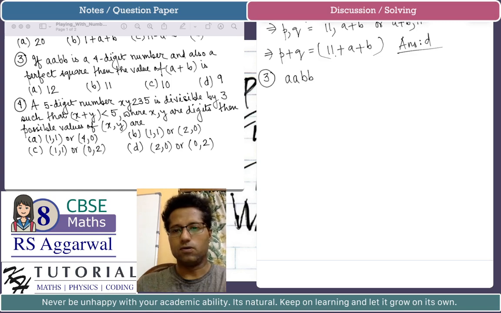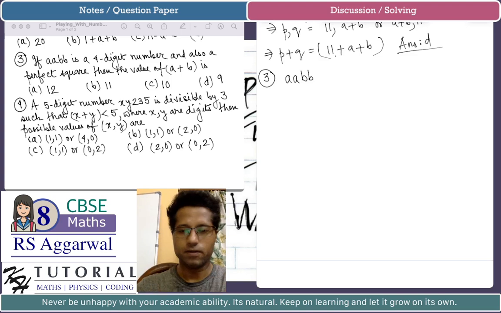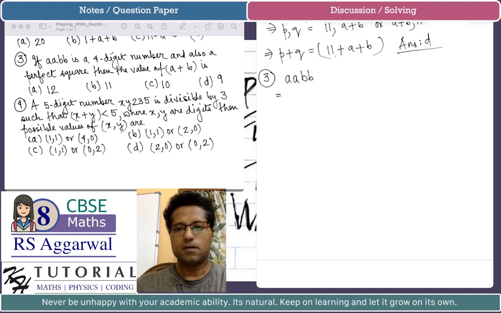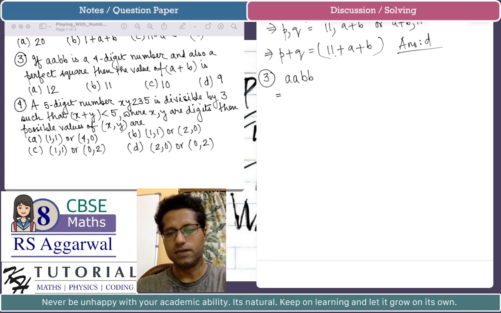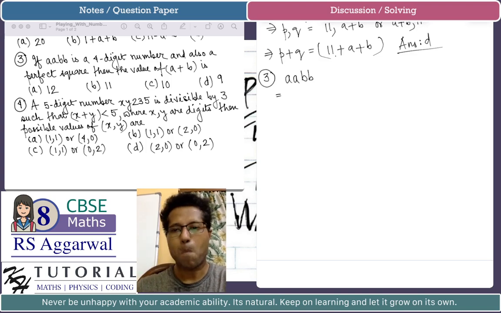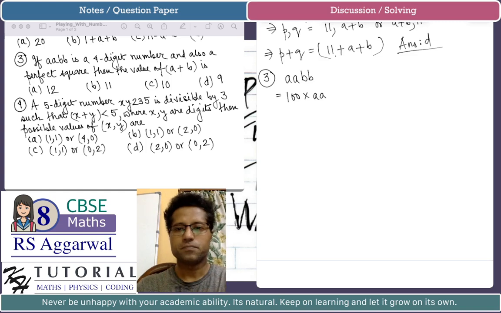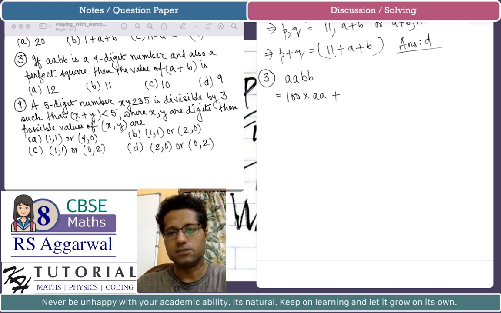Now, using again the generalized form of a number, we can say that this is equal to 100 multiplied by AA, where AA is the number formed from the two digits AA, plus BB.